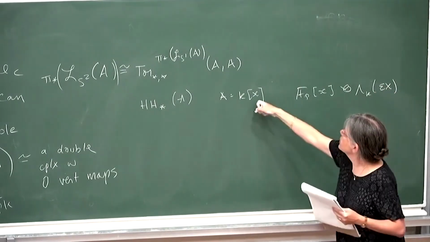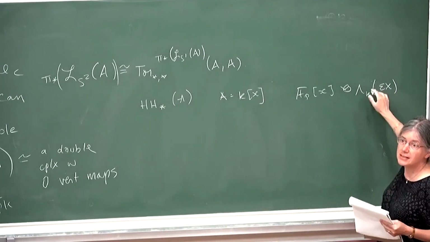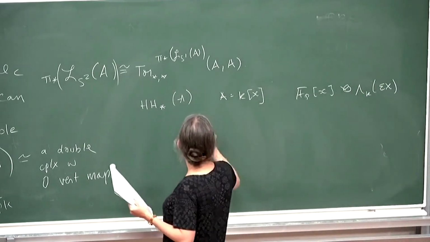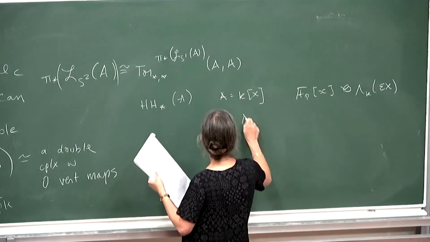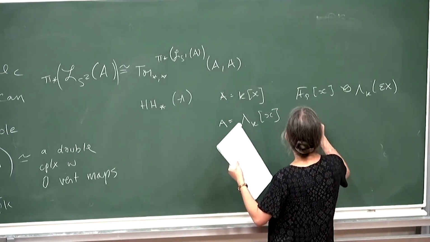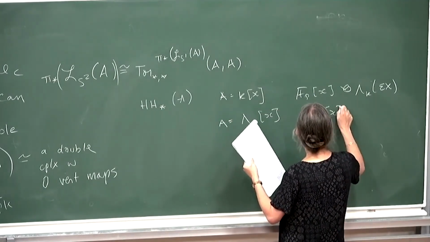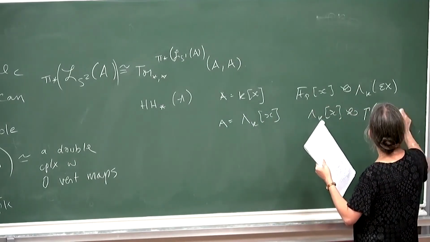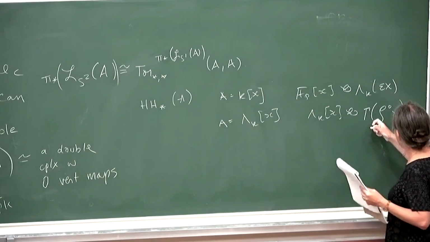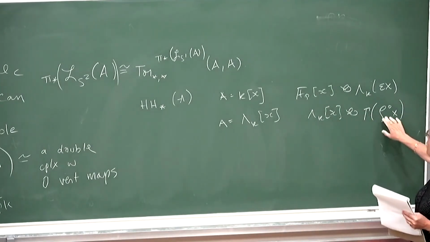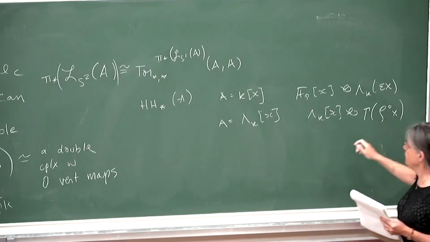Epsilon x, remember x was even degree, is degree 1 more, so it has odd degree. And for A equals exterior k[x], I get exterior k[x] tensor divided power on rho 0 x. Now, x was odd degree. Rho 0 is degree 1 bigger than the degree of x, so it's even.